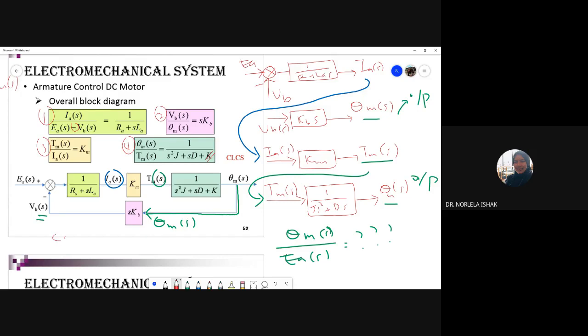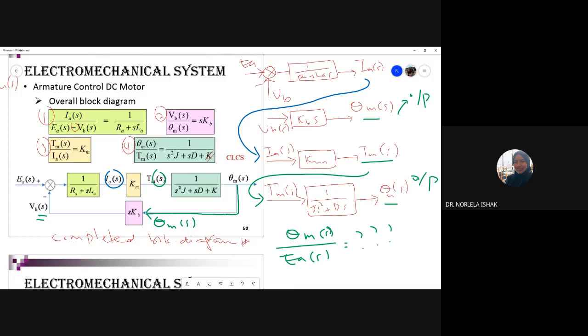This is our completed block diagram. Once you define the completed block diagram, you can solve using the block diagram reduction technique to define the transfer function.